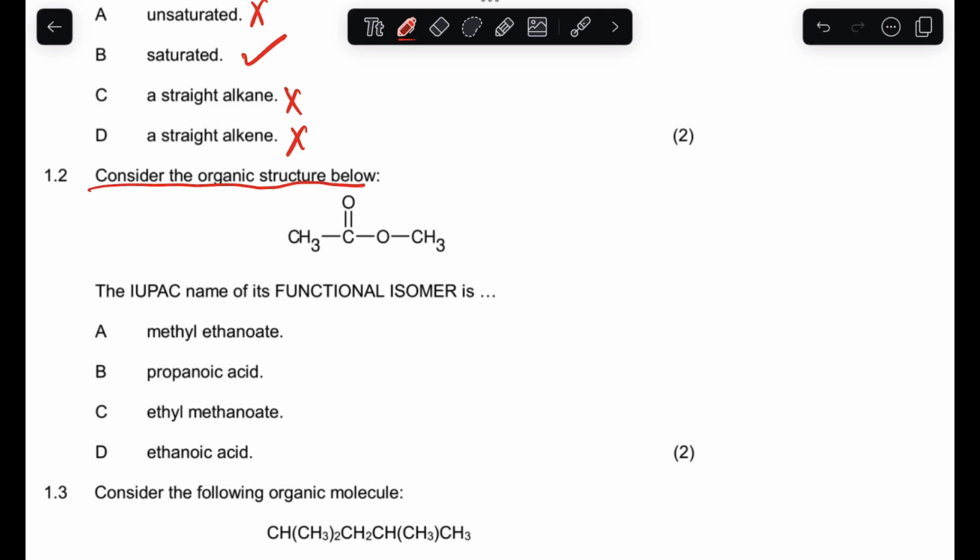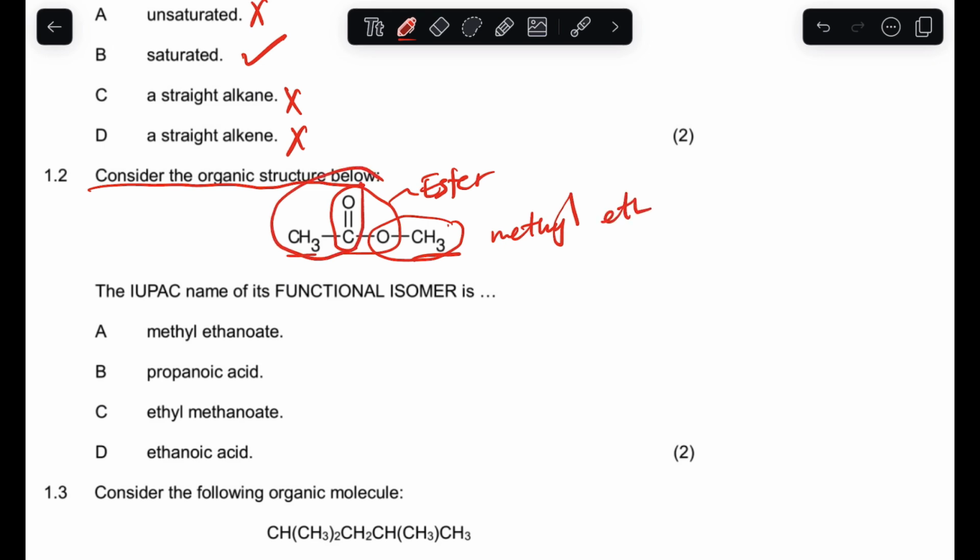Now let's move to 1.2. Consider the organic structure below. If you look at this functional group, this is an ester, right? So this ester, its name is going to be methyl ethanoate, right?